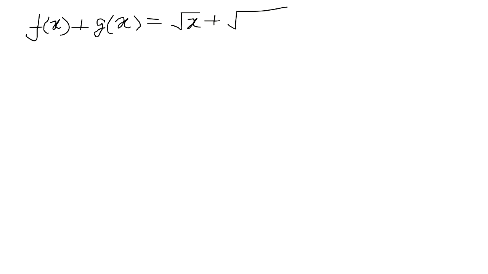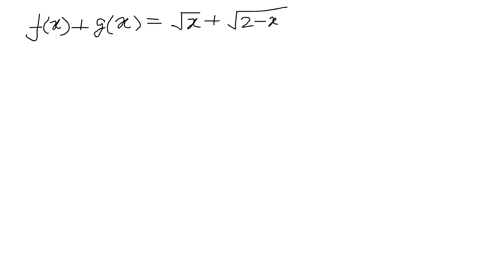Look here. See the function here. fx plus gx equals this: √x plus √(2 − x). Right?